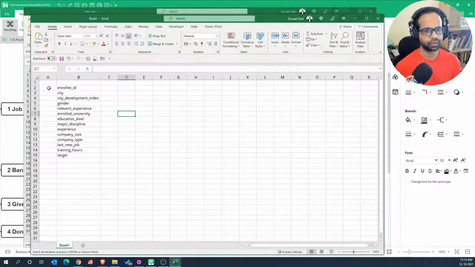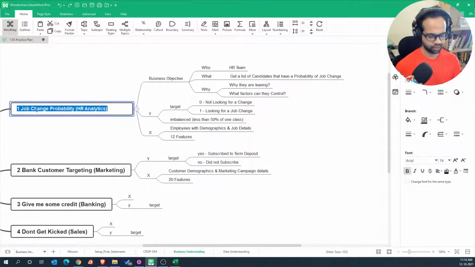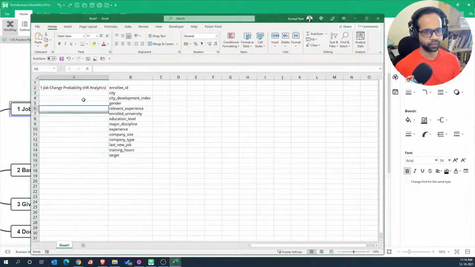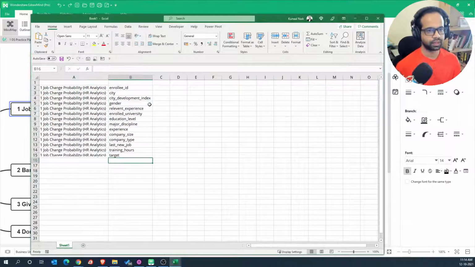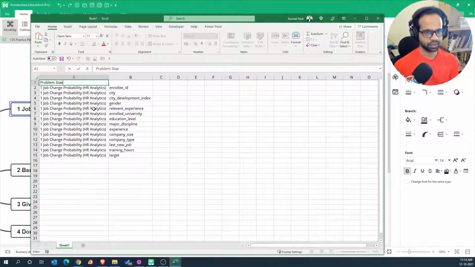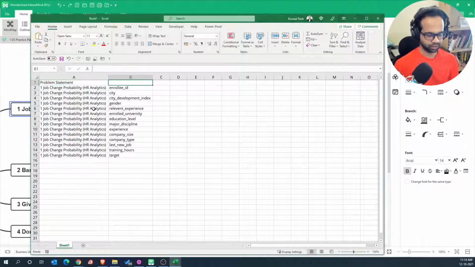So this one is going to be the job change probability, all the features that are available here. And again, this is the problem statement, and these are the features.